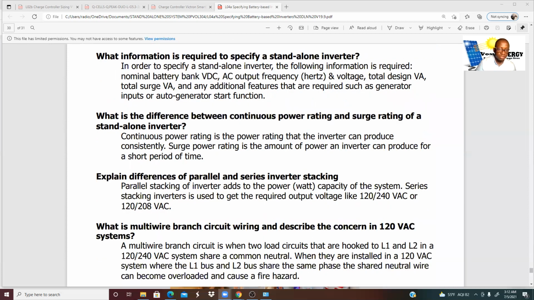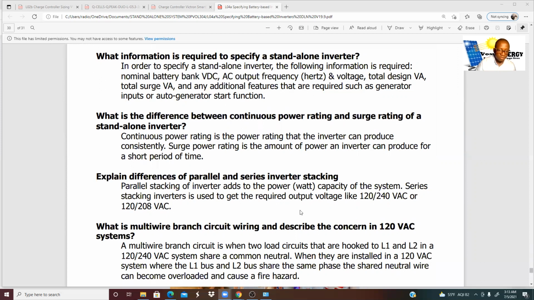What is the difference between the continuous power rating and the surge rating of a standalone inverter? Continuous power rating is the power that the inverter can produce consistently. Surge power rating is the amount of power an inverter can produce for a short period of time.